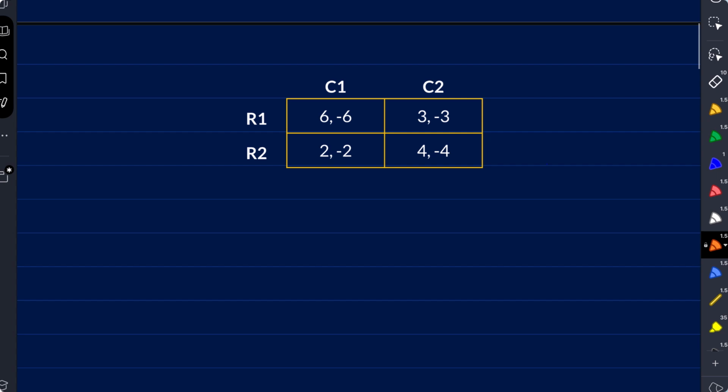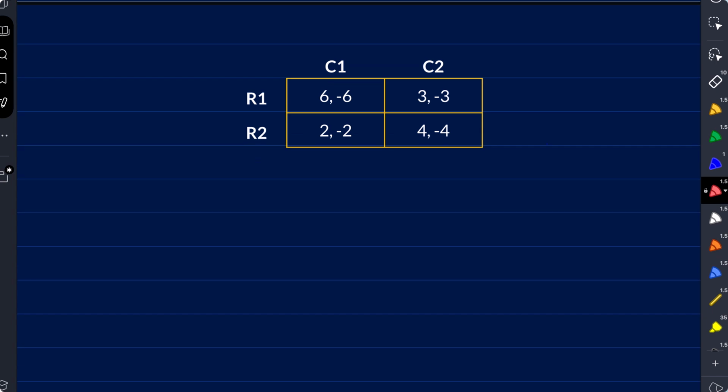So now I'll find the mixed strategy Nash equilibrium for this game. And again, recall that our goal is to find a probability for C1 and a probability for C2.